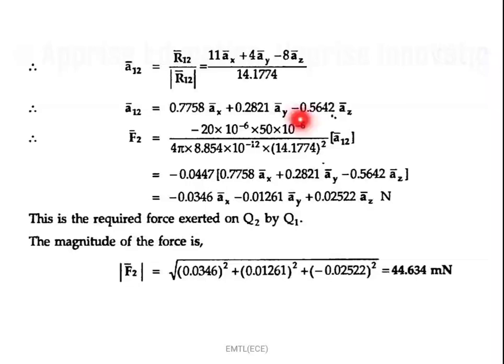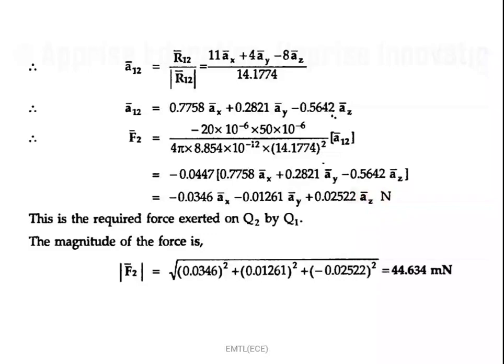Now the calculation of this entire term is minus 0.0447, and we have already found the value of a bar 12. Just substitute here and multiply this value by a bar 12.